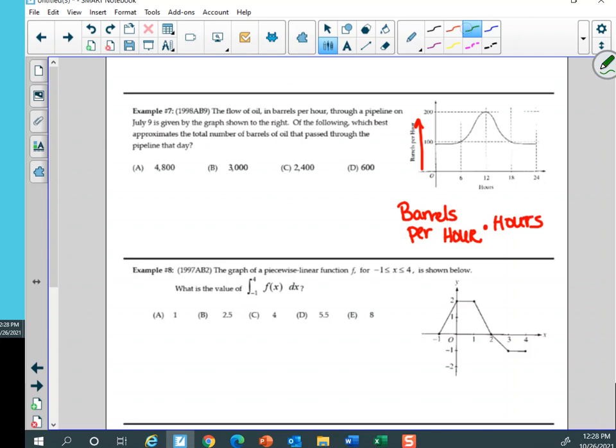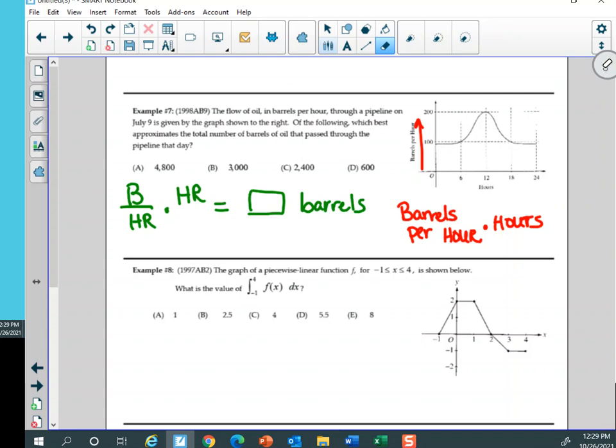So the area under this curve, if I just use one little square of it here, if I'm calculating the area under this barrels per hour curve, when I take barrels per hour times an amount of hours, that result is going to be a number of barrels. So this question about total number of barrels is in fact an area question.